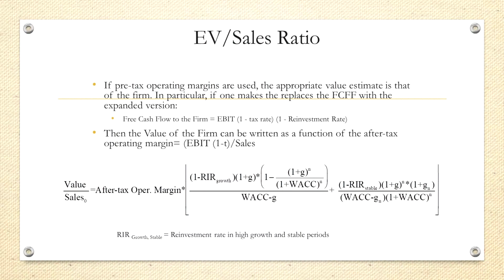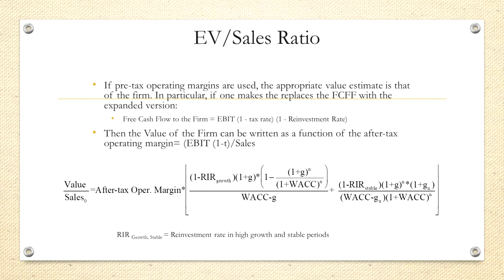Other than using EBITDA, we can also use sales as the base of the EV to sales ratio, and here we look at the relative valuation based on the EV to sales ratio. For a lot of young companies, they don't generate any decent amount of EBIT, they don't generate any net income, but all of them have some amount of sales.